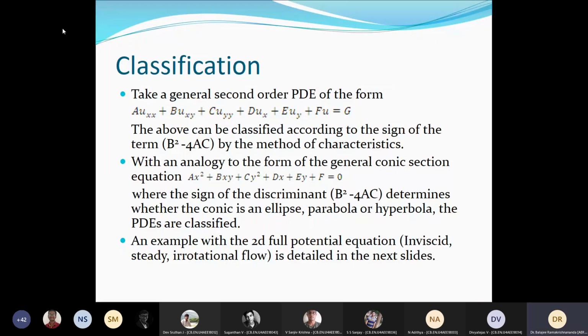Sorry, D, E also. So points and straight lines are subsets of this. So this is the most general form. If you want a circle, you put A is equal to C, then B, D, E is 0, and take F to the other side. Minus F is probably R square.